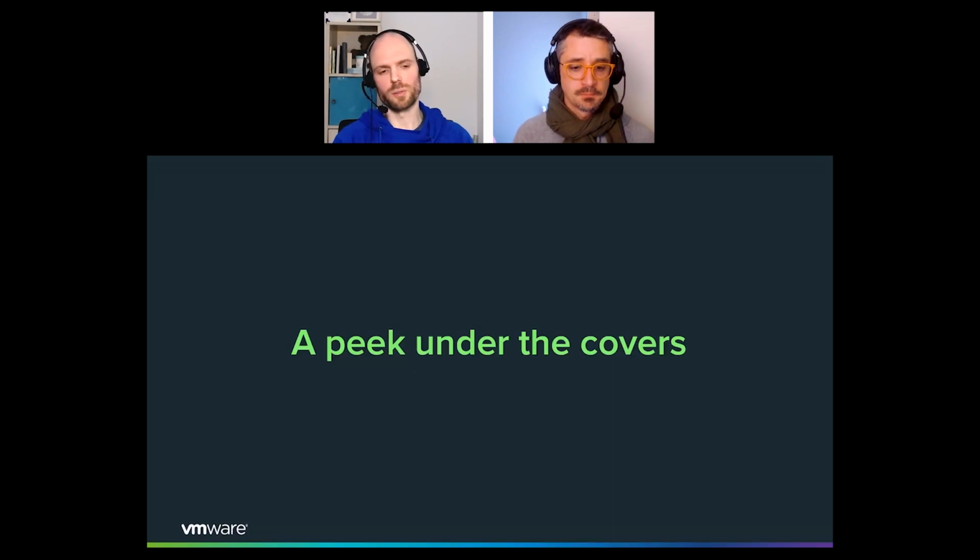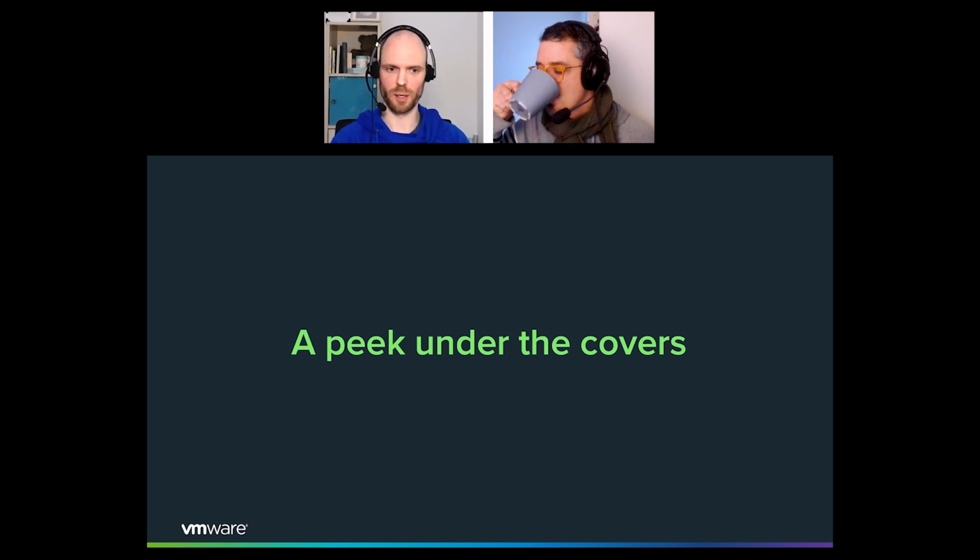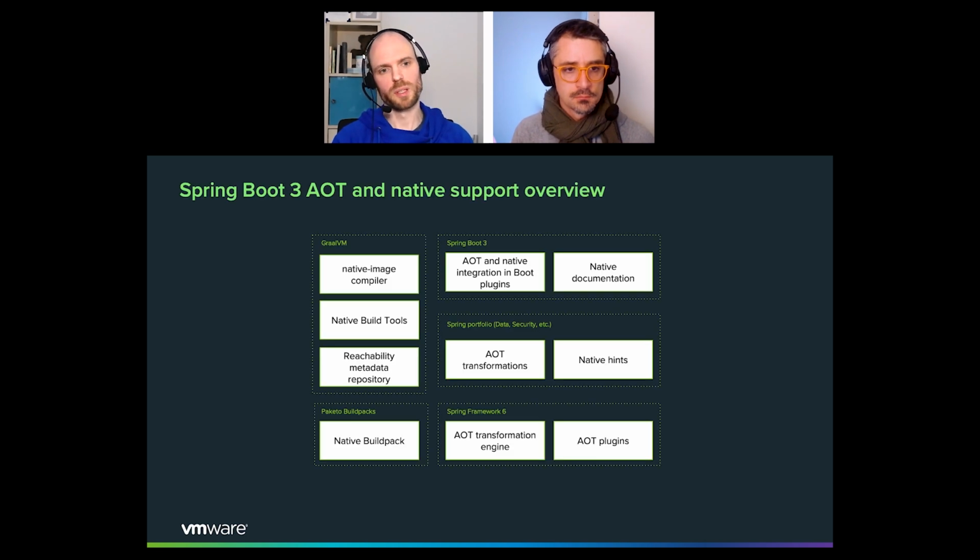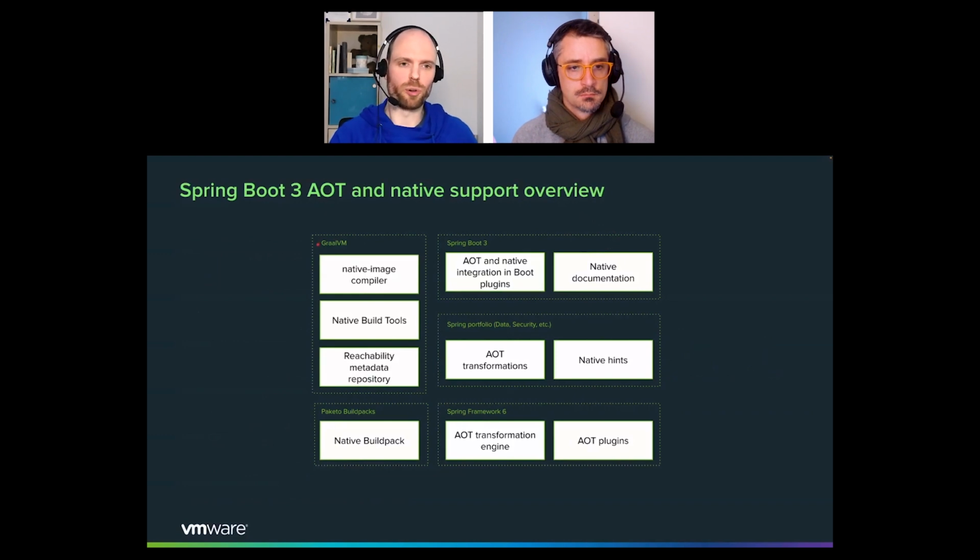Okay, so Sébastien talked about how we are doing a lot to, for example, minimize reflection, and we want to take a look at what exactly Spring Boot and Spring Framework do. The native support overview looks like this. It's comprised of these building blocks, and we have the components contributed by the GraalVM team.